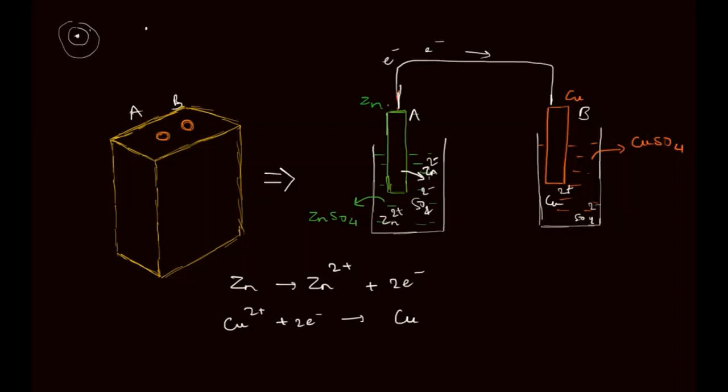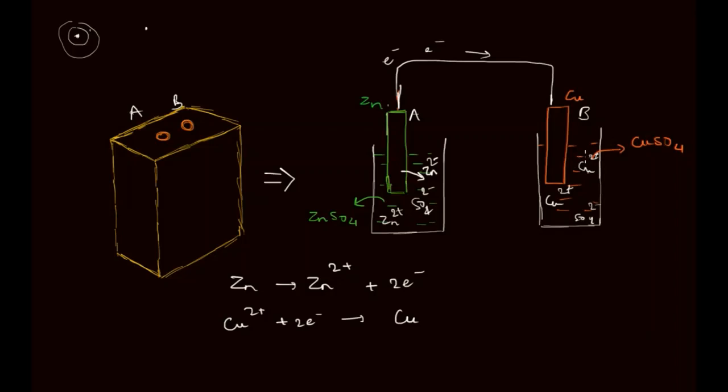The zinc ion is charged, so it cannot stand on its own. In the zinc rod, the zinc atoms stand on their own, but the moment they become zinc ions, they cannot stand on their own, so they will go into the solution, right? So zinc will become zinc ion, and in the copper rod, these 2 electrons will reach. You have copper ions here already, because you have this copper sulfate solution. So what will happen?